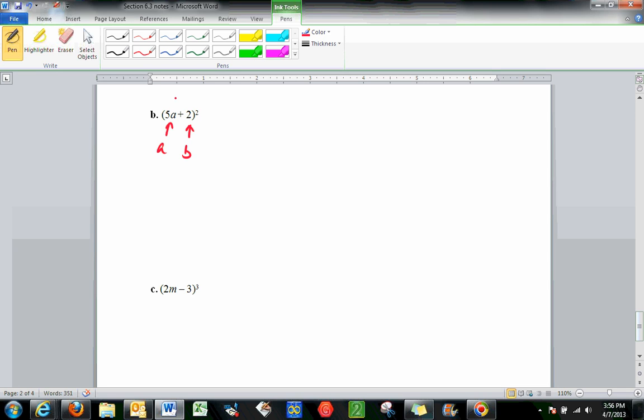So in this case, it should be A squared, which is (5a) squared, plus, because that's our middle sign, 2 times A times B, so 2 times 5a times 2, and then we're going to add that to the B squared.